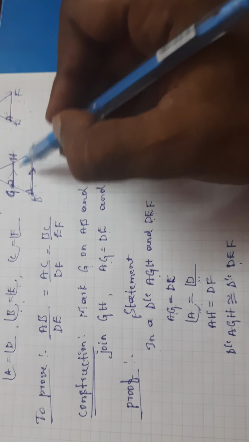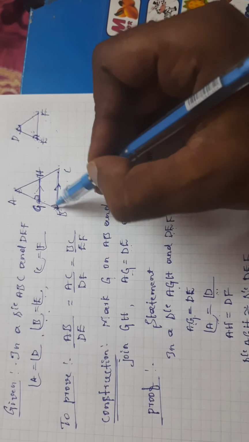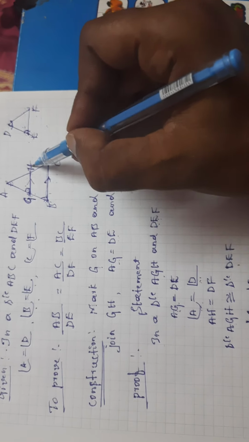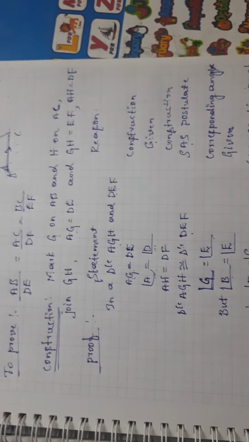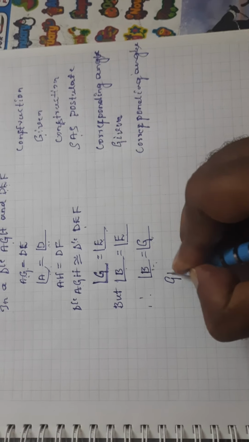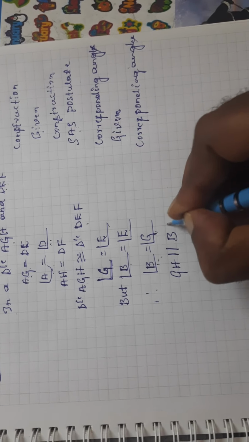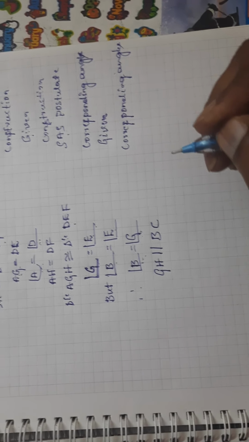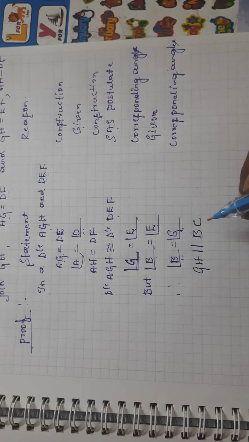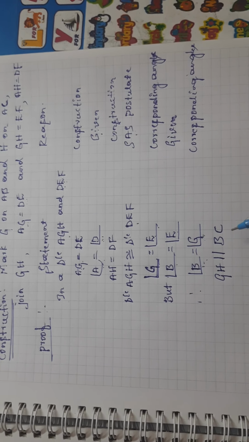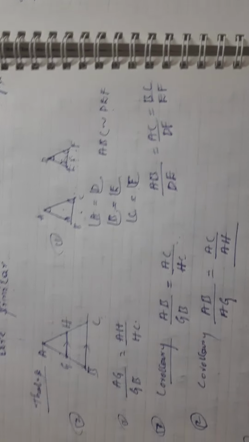In the same triangle, G and B are the corresponding angles. Can I write GH is parallel to BC? That is, GH is parallel to BC.